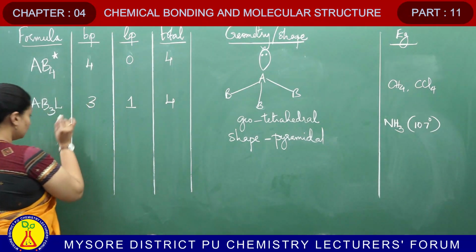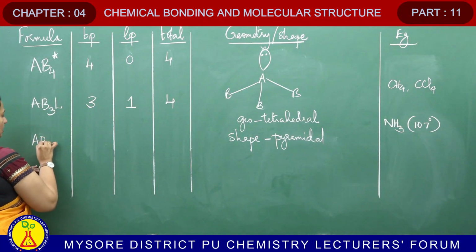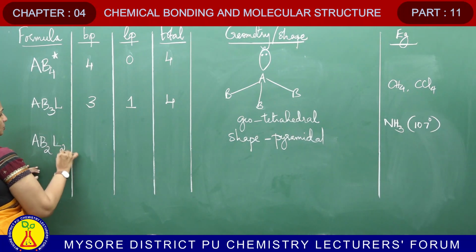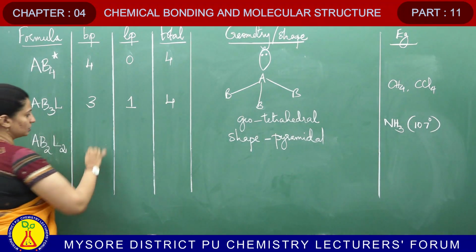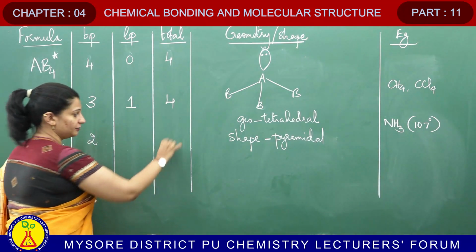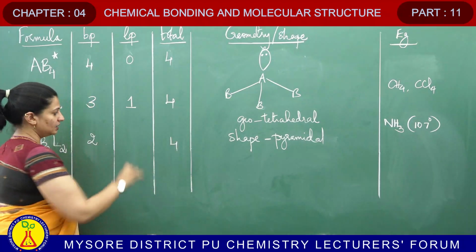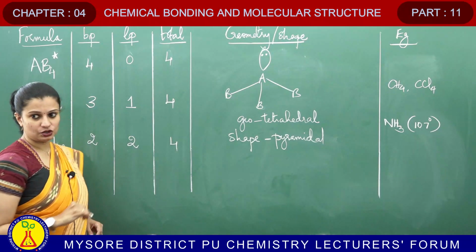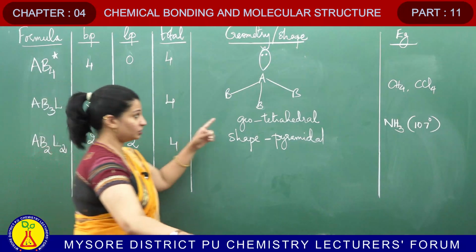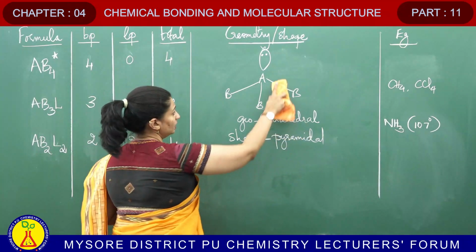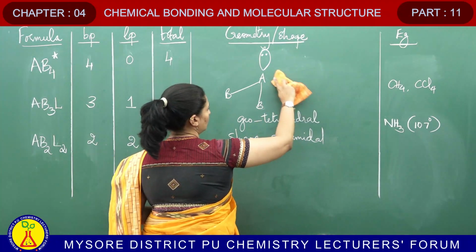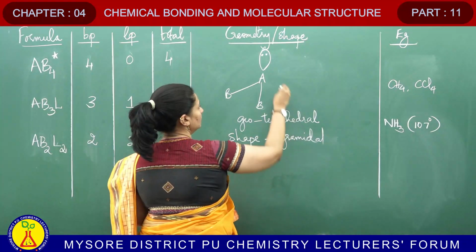Now, moving on, one more under the same category, I have AB2L2, which means total is still 4, 2 bond pairs and 2 lone pairs. I am going to change it here itself for you to understand. So, now one more bond is being replaced by a lone pair.